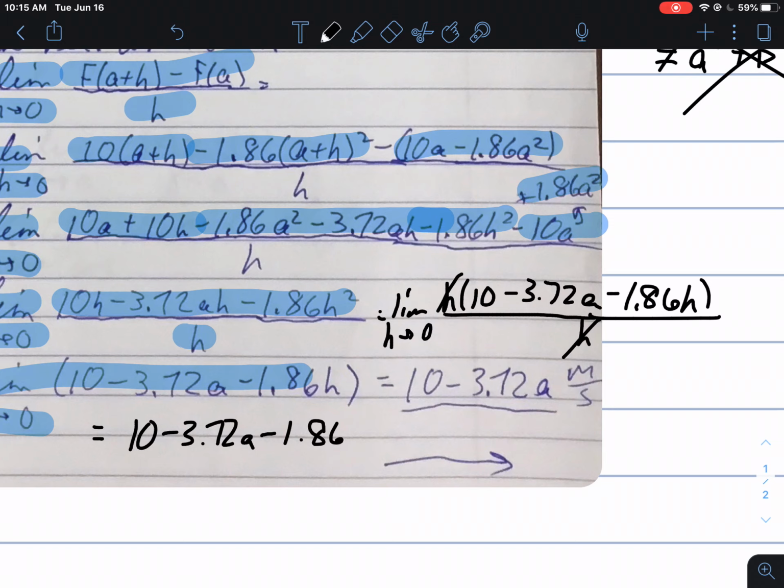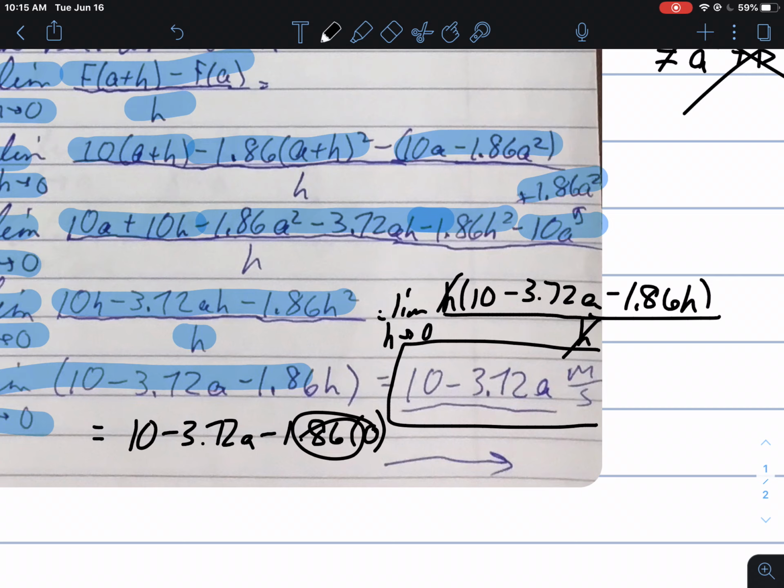And as soon as I plug in 0 in place of h, now I can get rid of the limit statement. All right. And now that's 0, so that's gone, and I'm left with 10 minus 3.72a. Now, what that gives me is a formula that I can use to calculate the velocity for any given value of a. All right, so that's our velocity function at time t equals a.